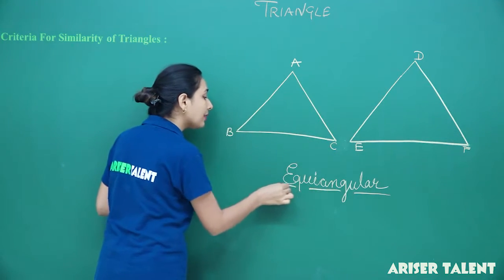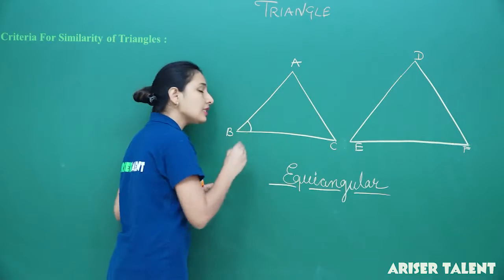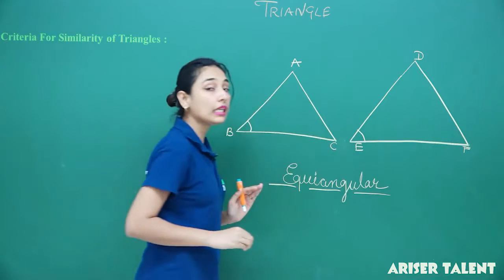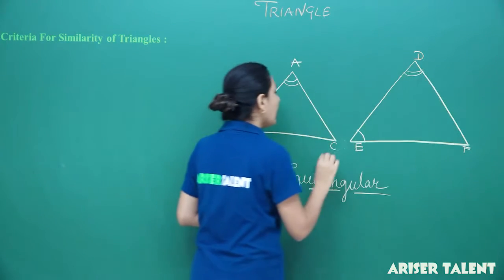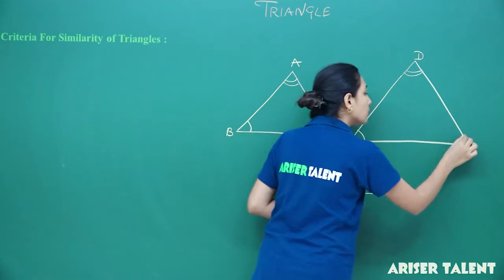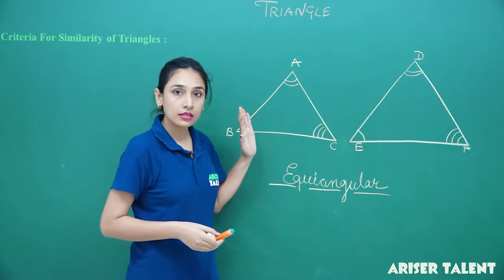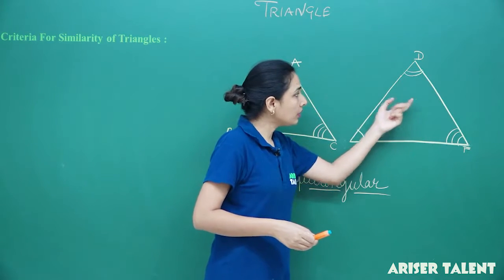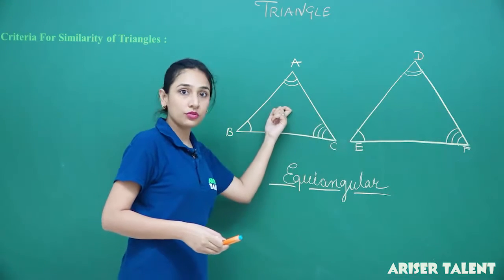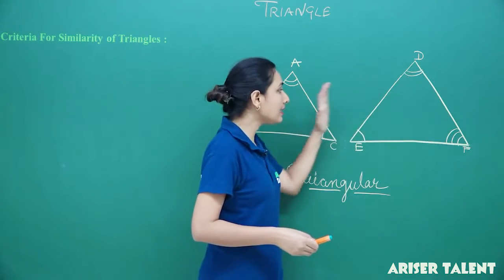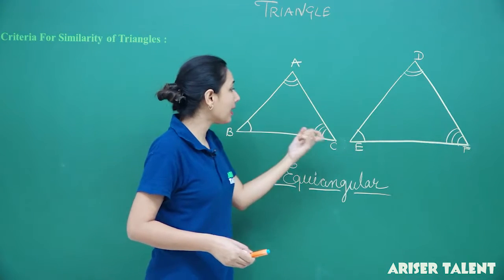Now what does that mean? If both triangles are equiangular, that means angle B should be equal to angle E, angle A should be equal to angle D, and angle C is equal to angle F. That means each triangle has three angles equal to the other's.